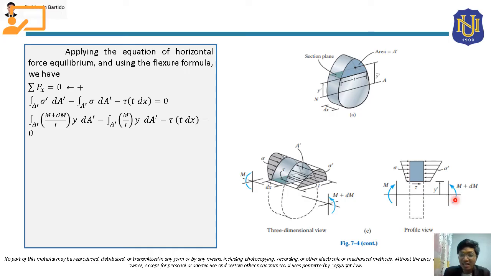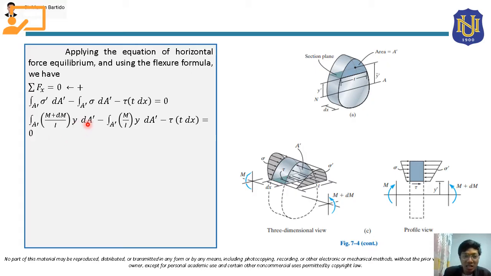Our formula for flexure stress or bending stress is My over I, right? So for this compressive bending stress sigma prime, our formula is My over I, wherein the M here comes from the bending moment M plus dM.